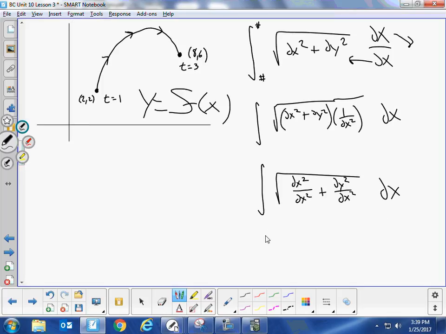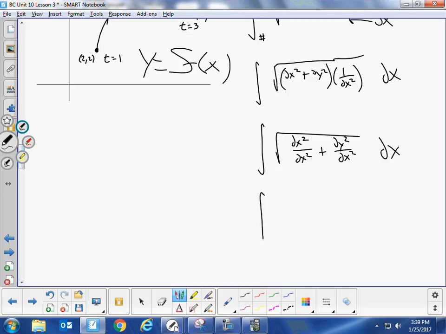Can I simplify this? Heck yeah. Dx squared over dx squared is just 1. Dy squared over dx squared is not the second derivative. It's not d squared y over dx squared. It's just the first derivative squared.